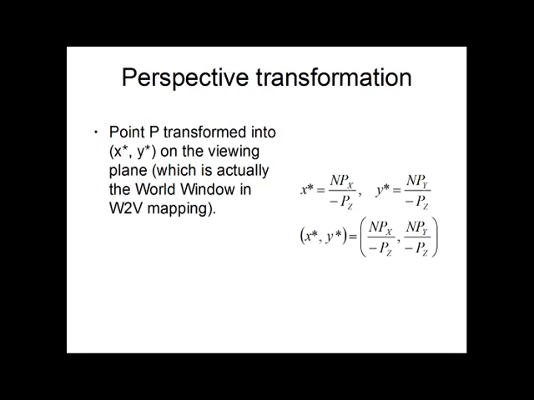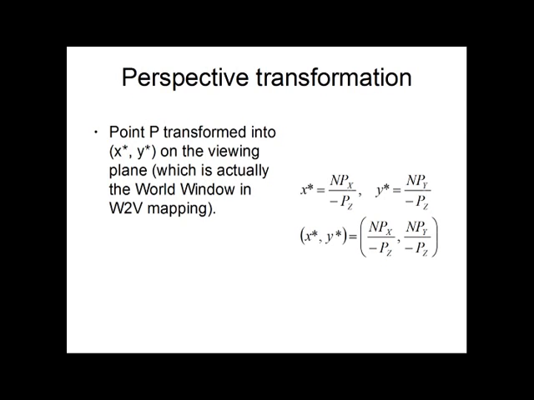So the simplest perspective transformation is simply this. We take the x coordinate of the point that we're projecting, we divide it by minus pz, and the minus is there because we're looking along the negative z-axis, so minus pz will be a positive value if the point P is somewhere where we're interested in it anyway.